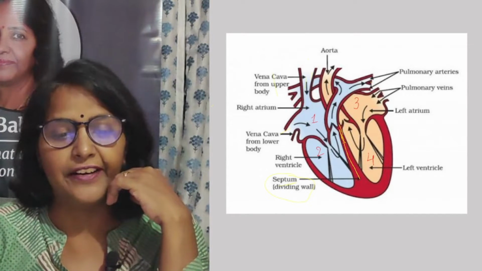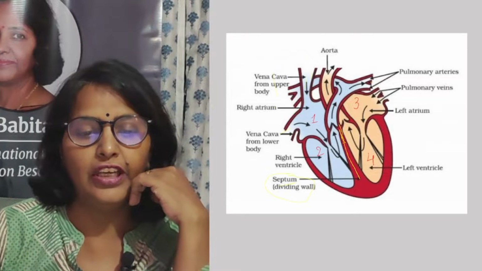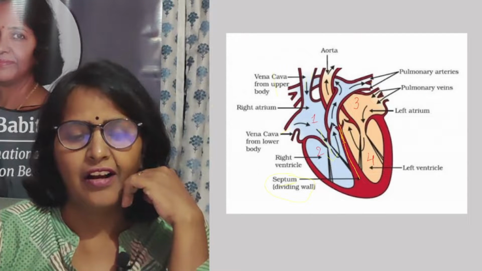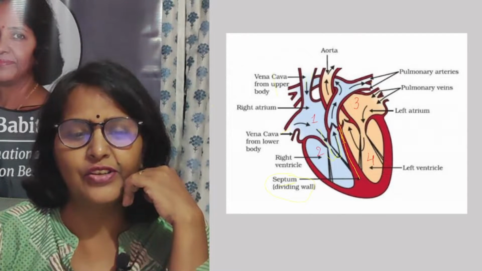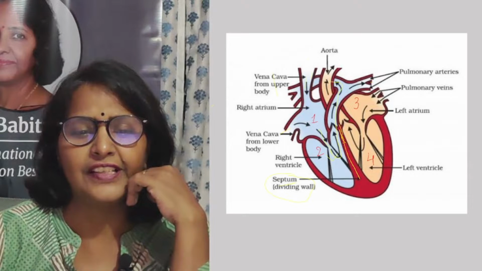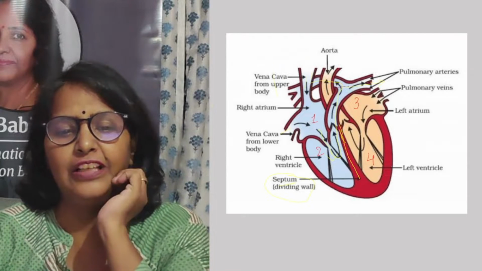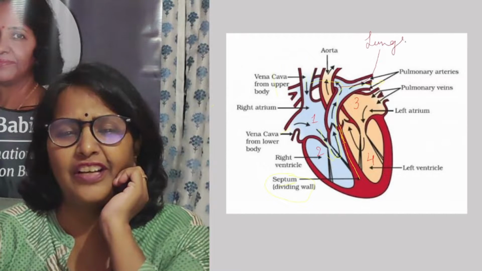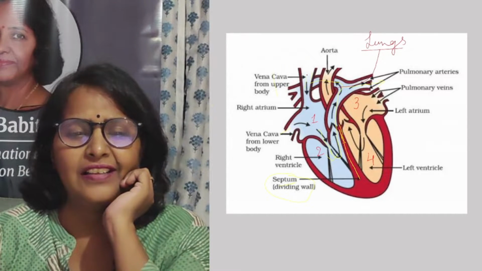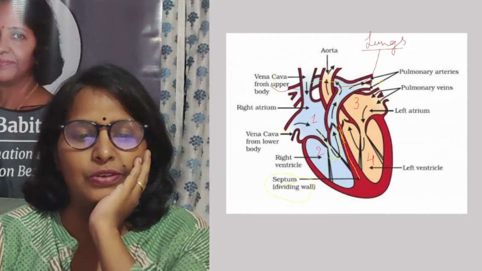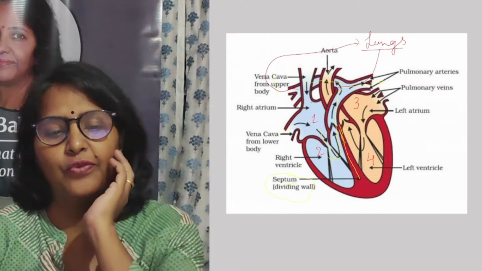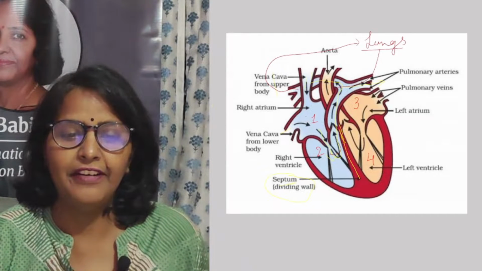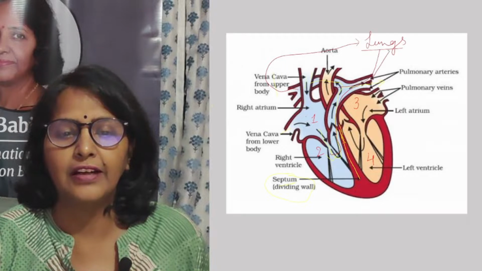From the right atrium, blood moves into the right ventricle. From the right ventricle the blood goes out of the heart to an organ in our body, the lungs.